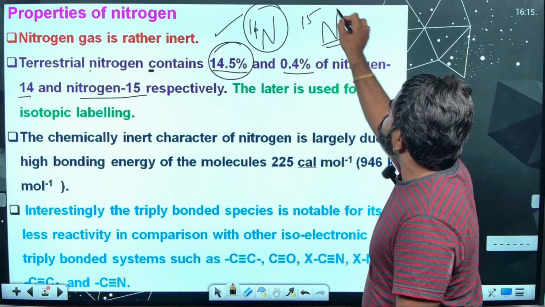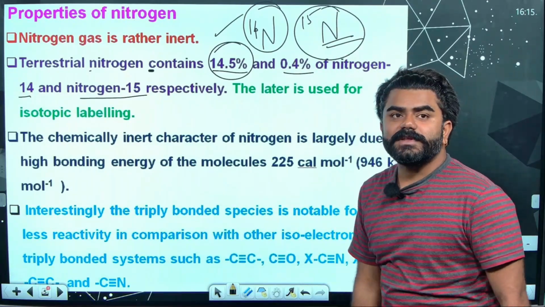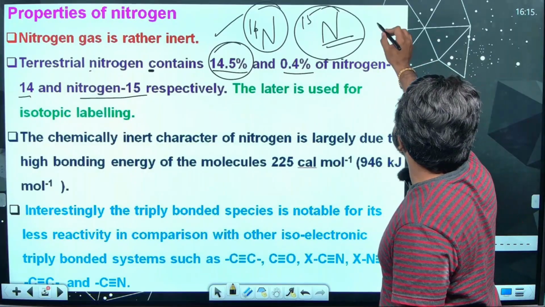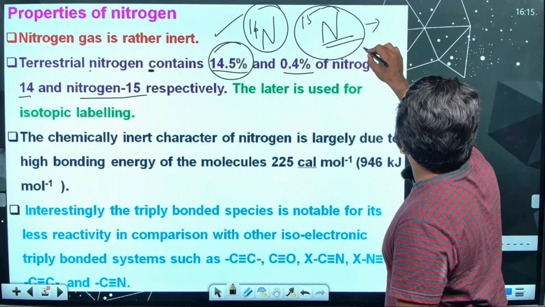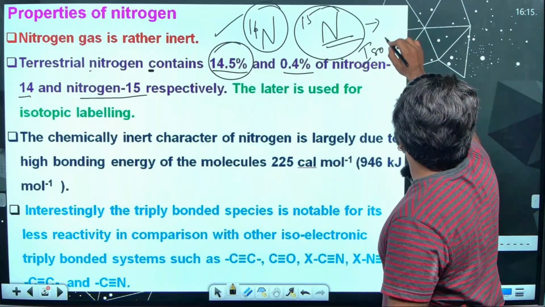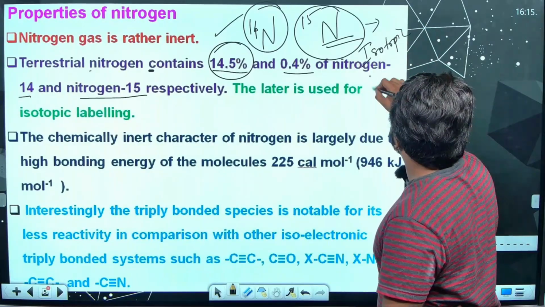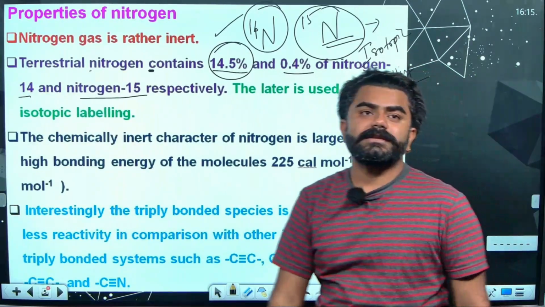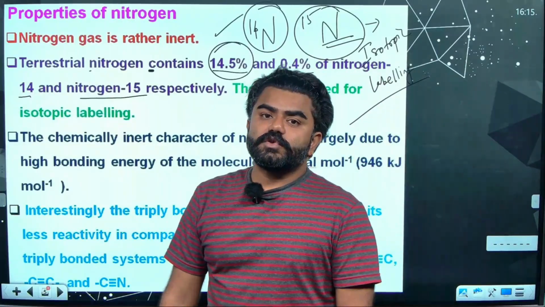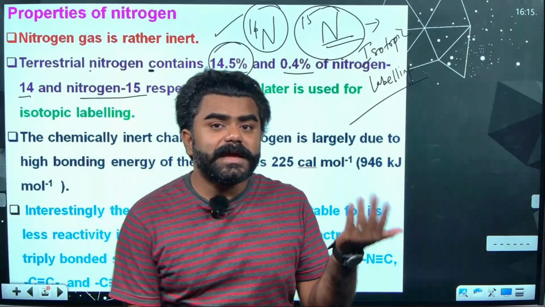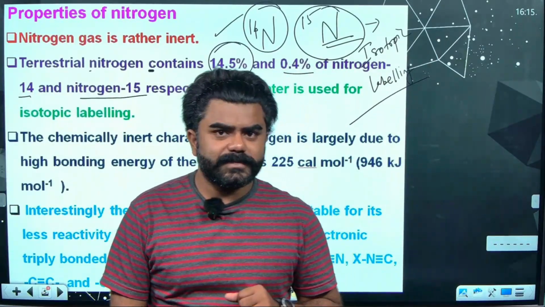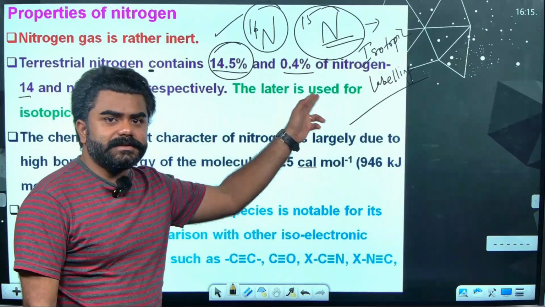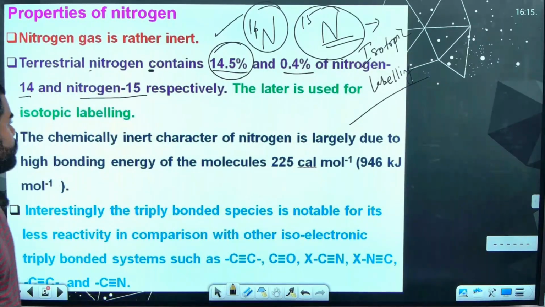இதை நம்ம எங்க யூஸ் பண்ணுவோம் அப்படின்னா, this nitrogen 15 isotope is used in isotopic labeling. Isotopic labeling அப்படிங்கிறது it is a method which is used for studying reaction mechanisms அந்த மாதிரி ரைட்டா. ஸோ அங்கெல்லாம் இந்த நைட்ரஜனை இந்த ஐசோடோப்பை யூஸ் பண்ணுவாங்க.